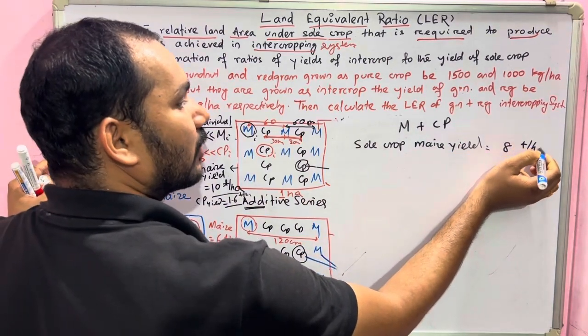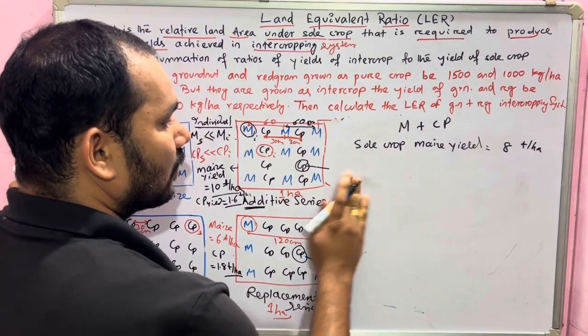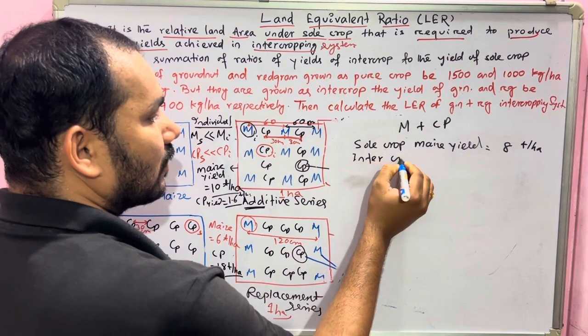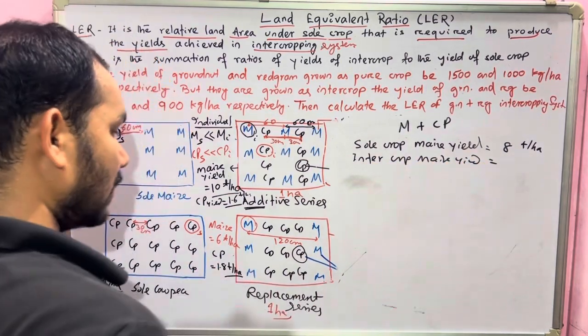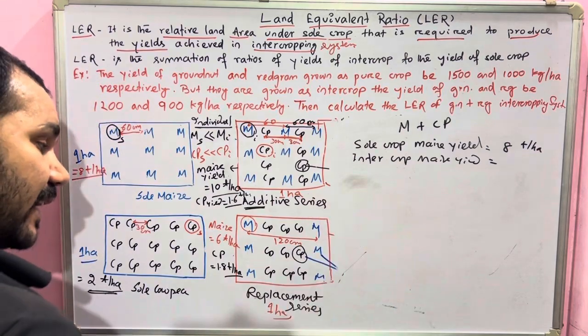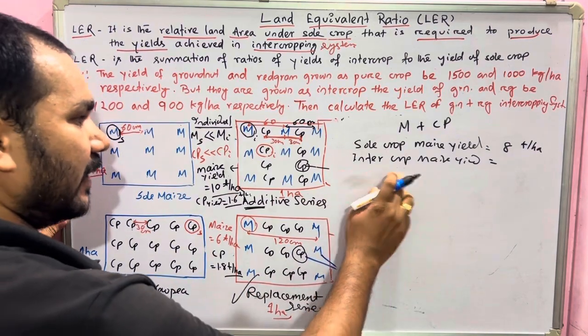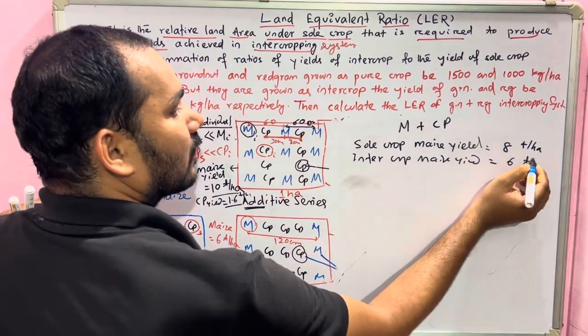What is the intercrop maize yield, suppose we are taking the replacement series? In case of intercrop, the maize yield is 6 ton per hectare.